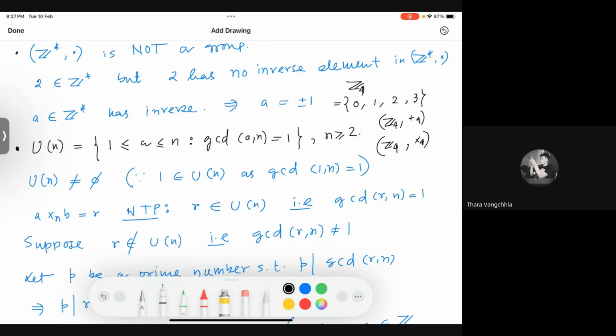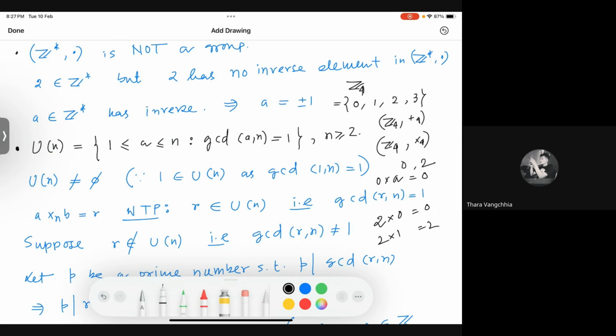No, because 1 is the identity element, but 0 has no inverse, and similarly 2 has no inverse. Why does 0 have no inverse? Because 0 times something is always 0. Why does 2 have no inverse? Because 2 times 0 is 0.